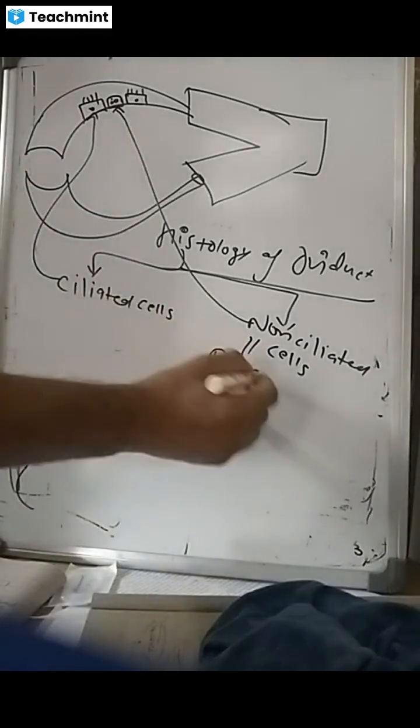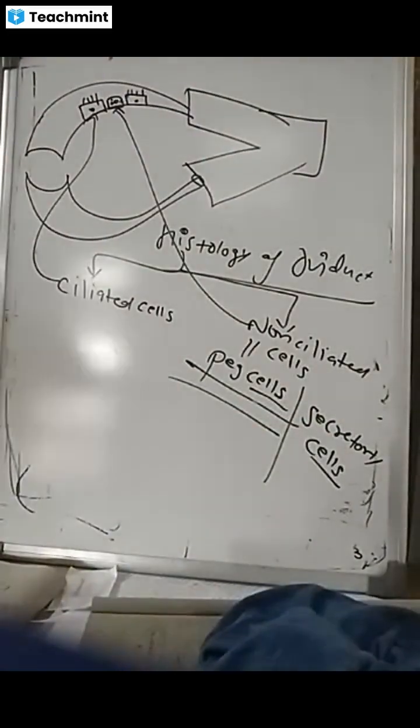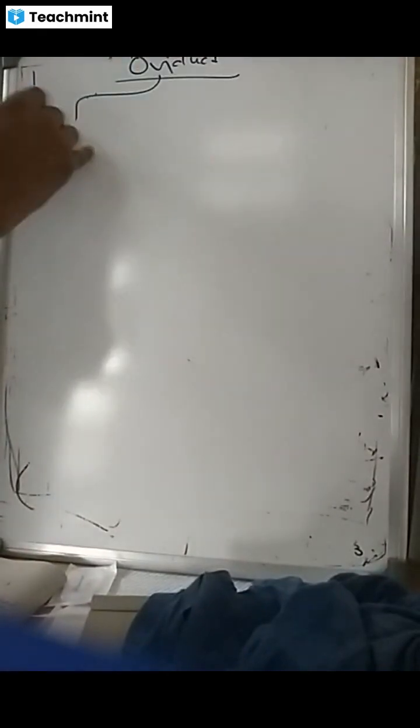These are the non-ciliated, secretory cells, also called PEG cells.